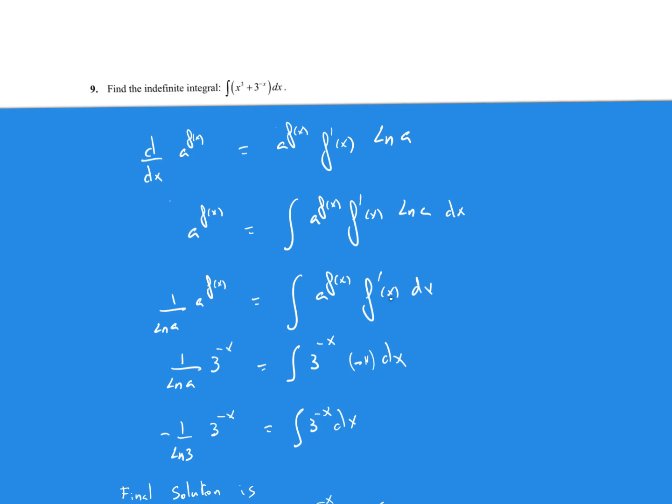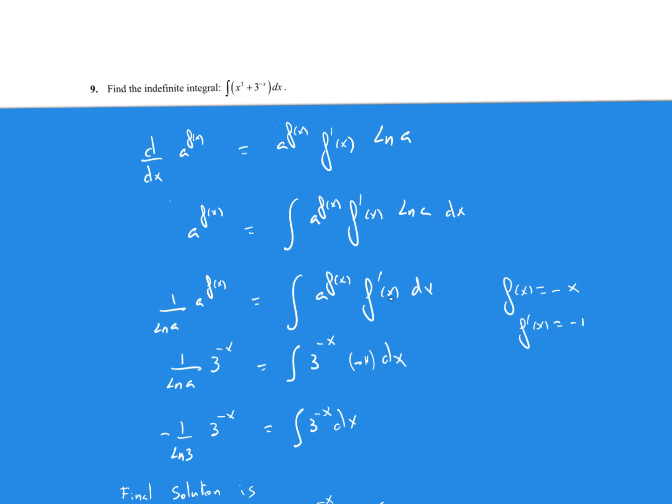So let's plug in the numbers. a to the f of x is 3 raised to the minus x. f prime of x is minus 1 because f of x is minus x, so f prime of x is minus 1.